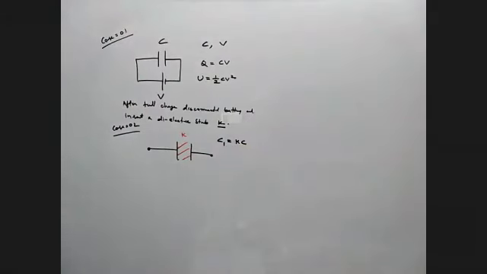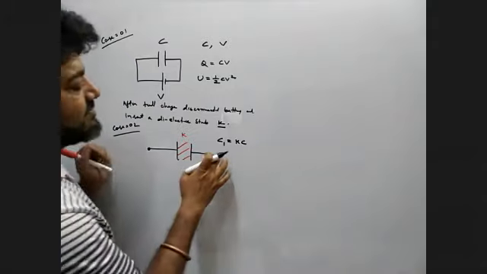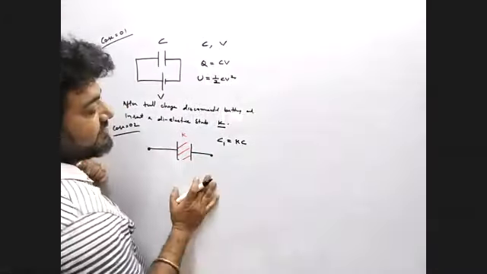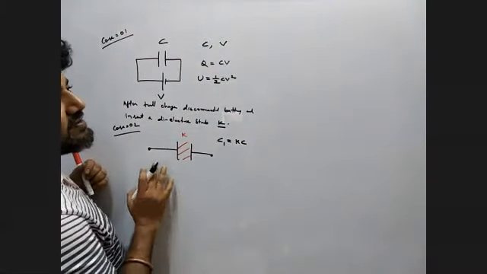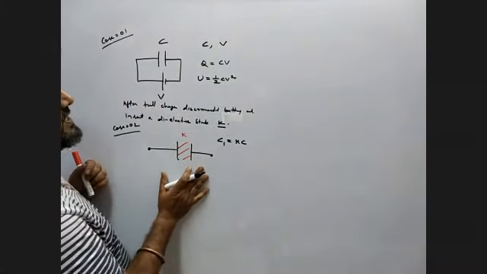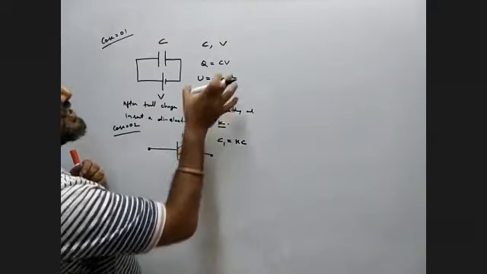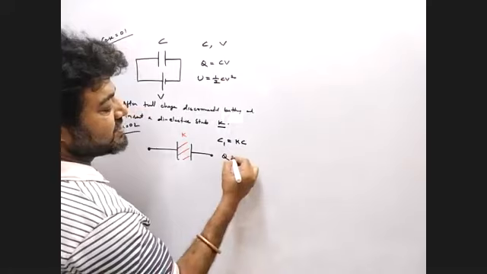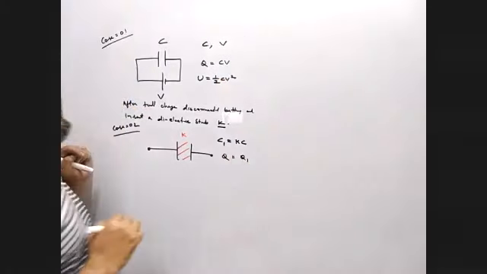It does not depend on voltage or the charge stored. And as the battery is disconnected, it is an open circuit, so in an open circuit the total charge remains conserved. My previous charge is equal to my new charge.